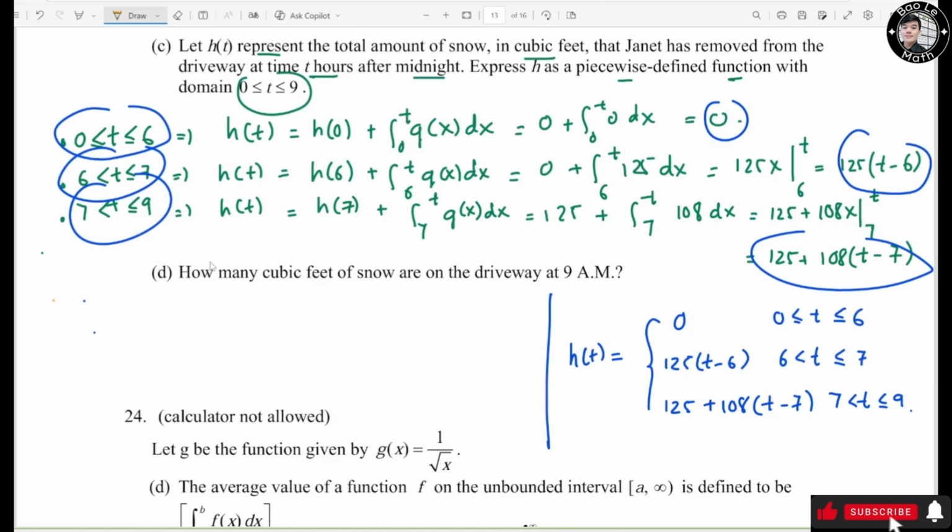Now question D. How many cubic feet of snow are on the driveway at 9 a.m., which means t equals 9, right?